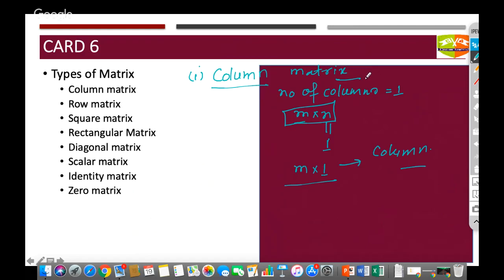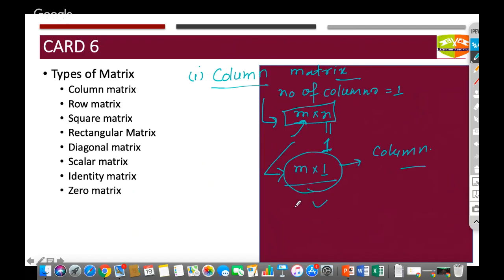Then explain your description by giving the order of a general matrix m into n, and say that n has to be equal to 1, so the order becomes m into 1.